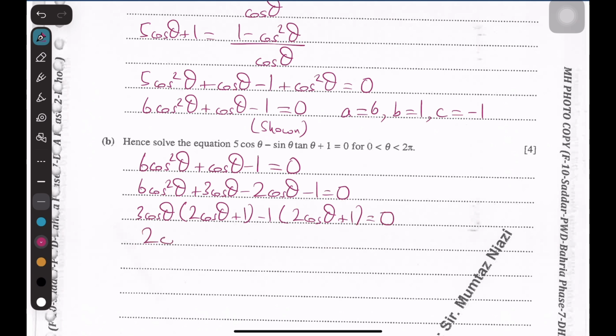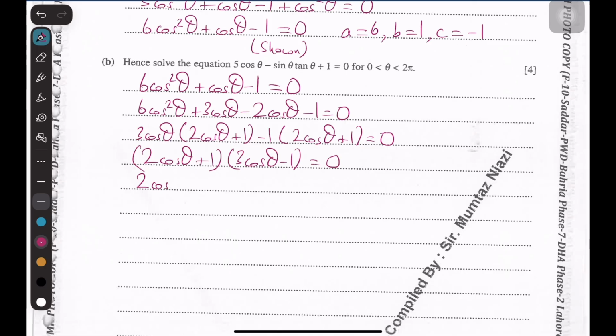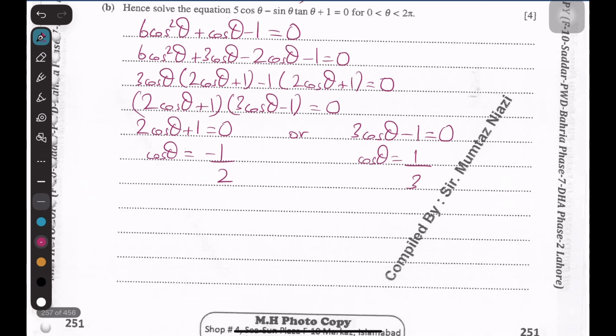Taking 2 cos theta plus 1 common, we'll have 3 cos theta minus 1 equals to 0. So either of these brackets can be equal to 0. So we have 2 cos theta plus 1 equals to 0, or 3 cos theta minus 1 equal to 0. So 2 cos theta plus 1 equals to 0 is basically cos theta equals to negative 1 upon 2, and this is cos theta equals to 1 upon 3.